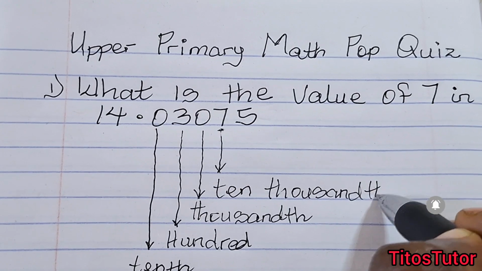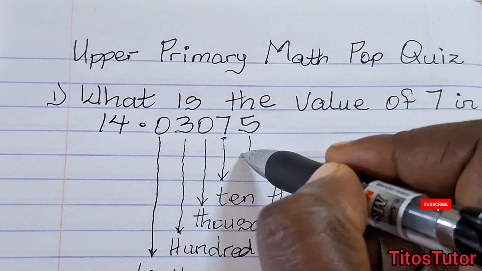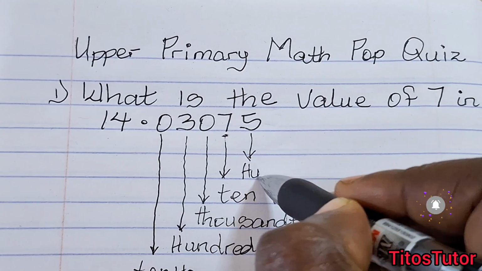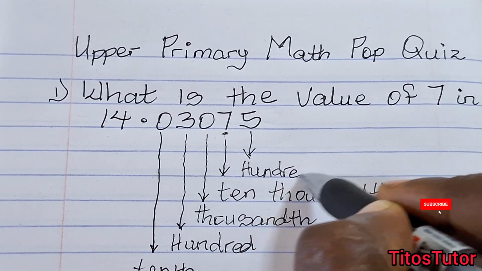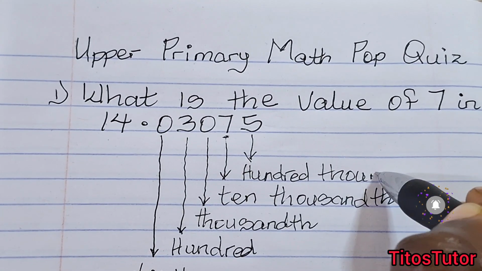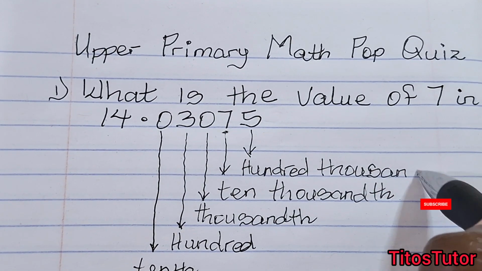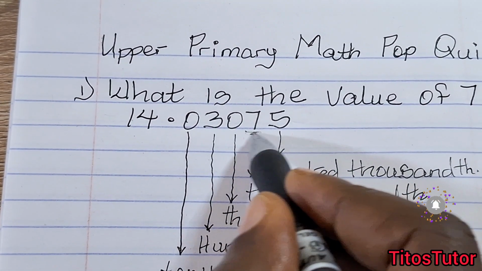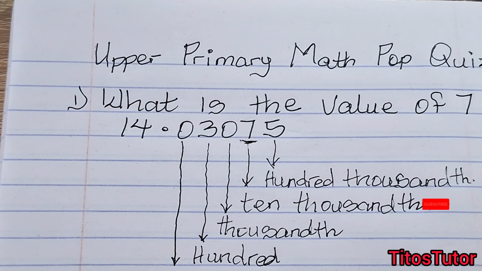And our dear 7 is ten thousandth, with a th. 5 in this case is 100,000th. But the one we are asked to find is the 7.